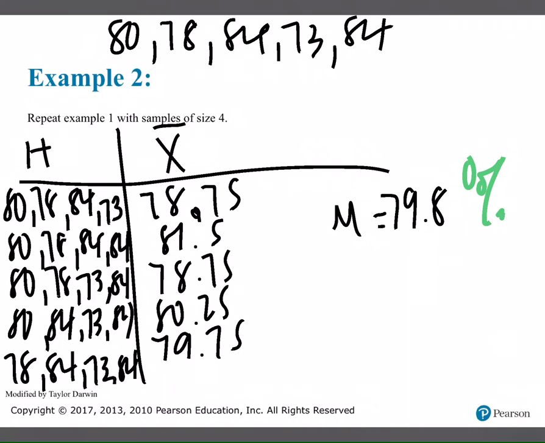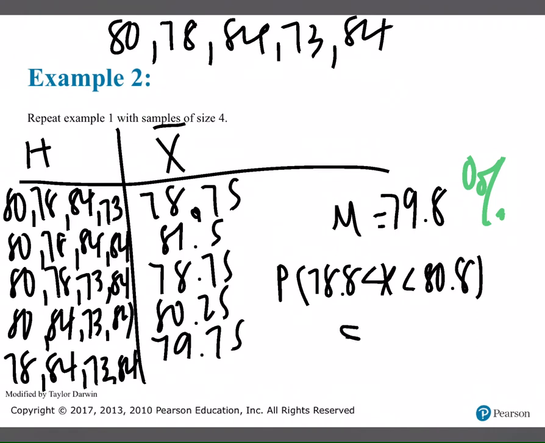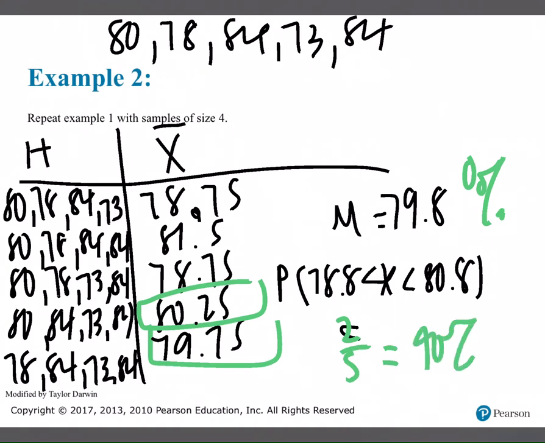So remember that was between 78.8 and 80.8. Well, if I go through, this one falls within, and so does this one. And 2 almost fall within. And so that would be 2/5 or 40%. That's pretty good.